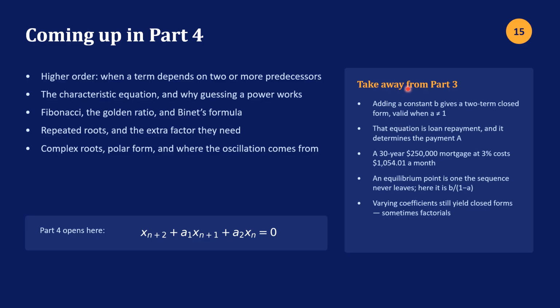So a quick review of this lesson. We added a constant b, and that gives a two-term closed form when a does not equal 1. So we went through that. Then we did a loan repayment example, and once we derived the formula, we took a particular mortgage, and we computed the monthly payments in order to have the mortgage be paid off in 30 years. Then we talked a little bit about an equilibrium point.